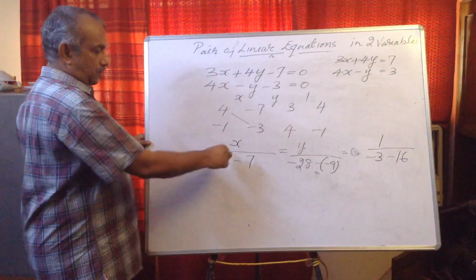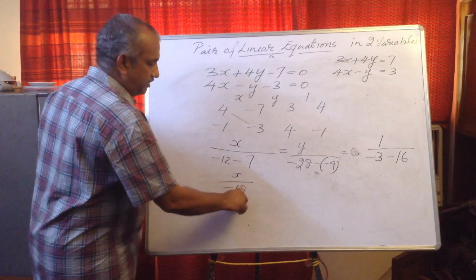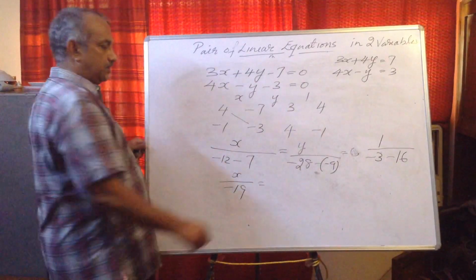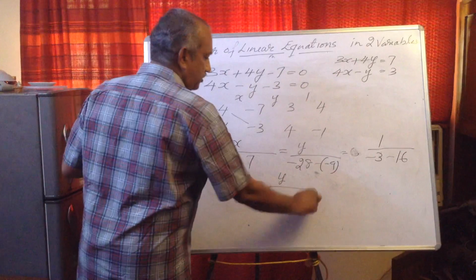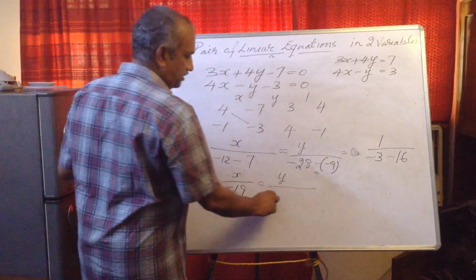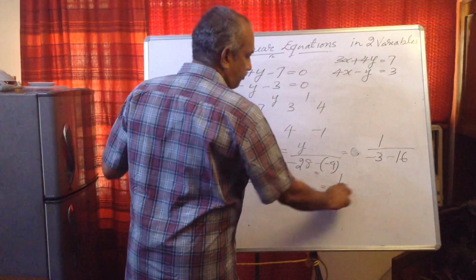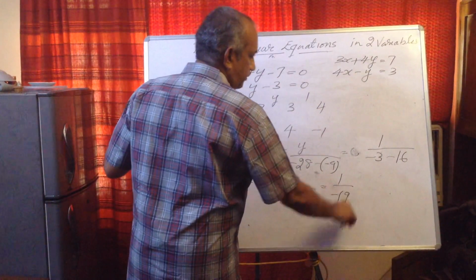So this will become x upon minus 19 is equal to y upon minus 28 plus 9, that is minus 19 again, is equal to 1 upon minus 19.